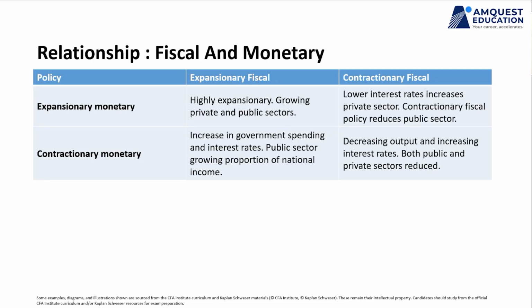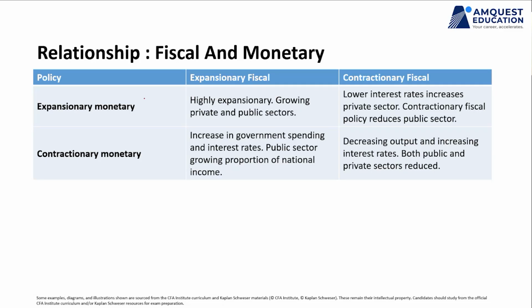But if monetary is expansionary, but fiscal is contractionary, right? Fiscal contraction, meaning they increased the interest rate, let's say, increased the tax rate a little, and so on. Then it will lower the interest rates, which increases the private sector. There will be a contractionary fiscal policy impact on public sector spending. Clear?